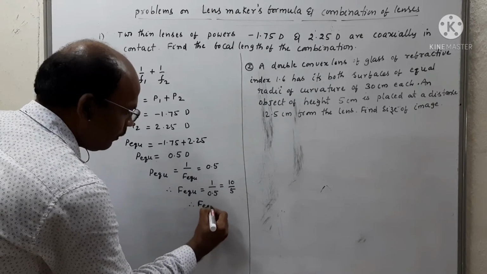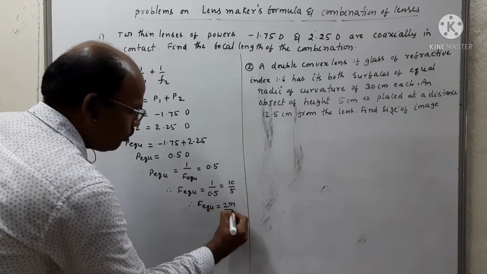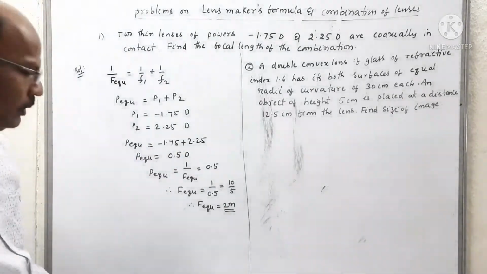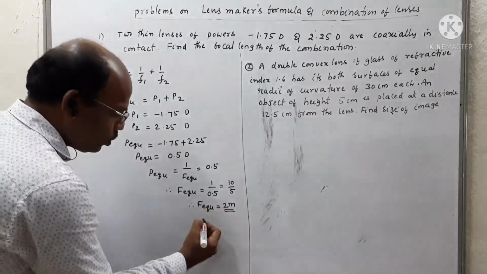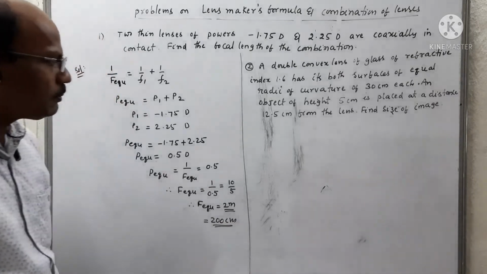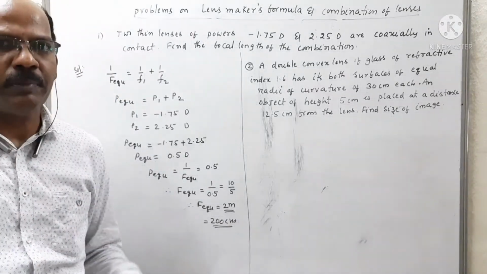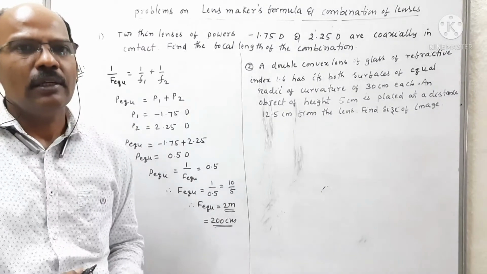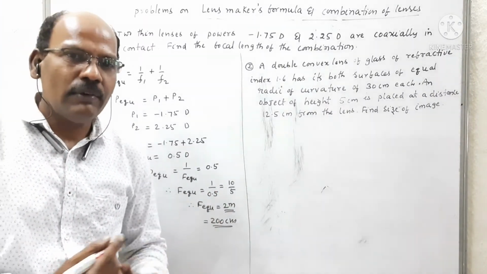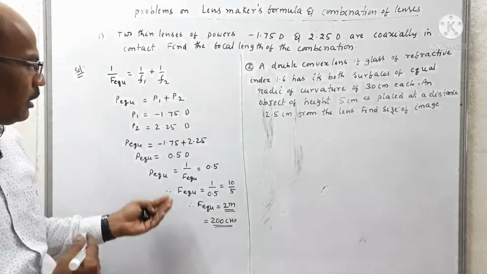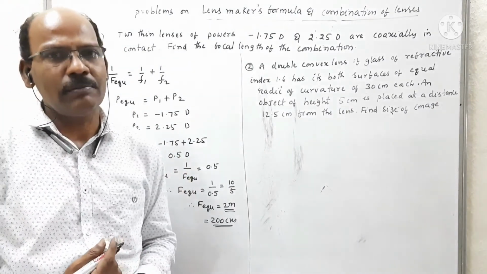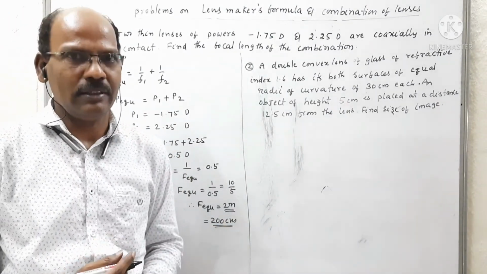Therefore, F equivalent is equal to 2 meters, because the power is given in diopters. So the equivalent focal length is 2 meters or 200 centimeters. Like this, we solve the problems based on the combination of lenses. If the focal length is given, we can find the power. If the power is given, we can find the focal length of the given combination or the individual focal length or individual power of any one of the lenses.